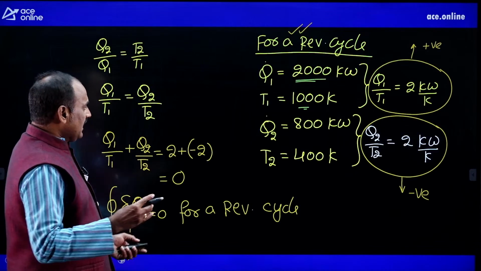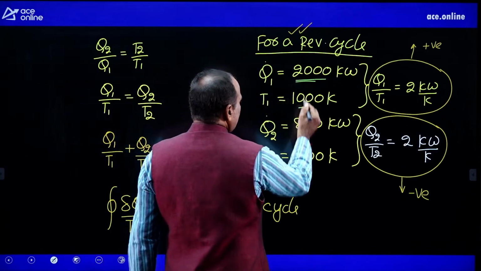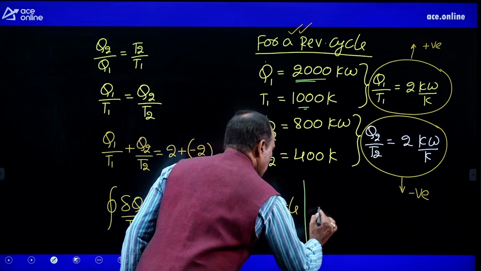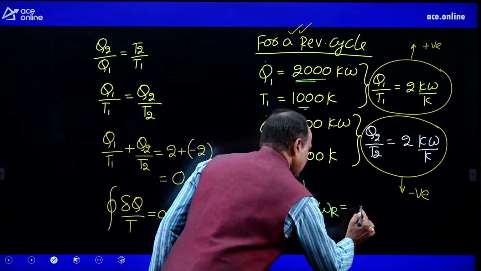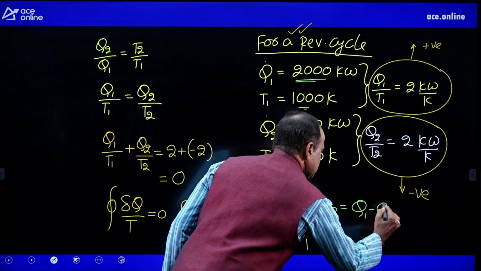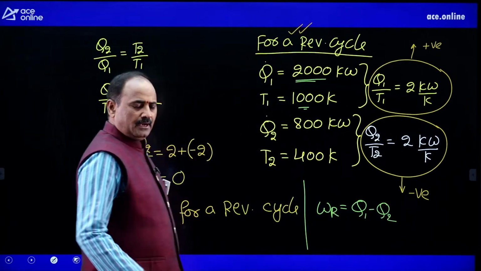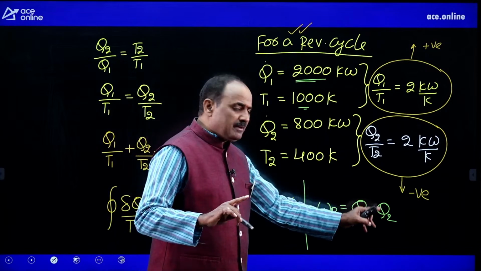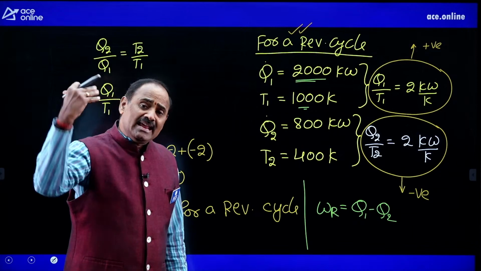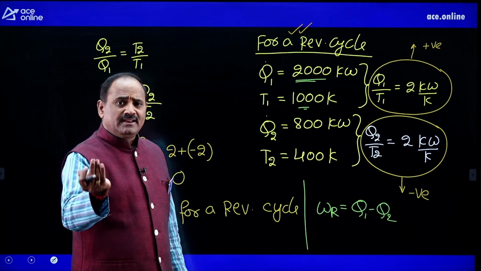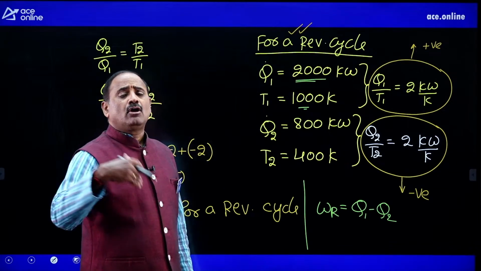Okay? For that, let us decide the reversible work, that is, the work output of the reversible heat engine. Work output equals heat supplied minus heat rejection. Dear friends, remember, heat supplied minus heat rejection gives the net work output for any kind of heat engine, whether reversible or irreversible.